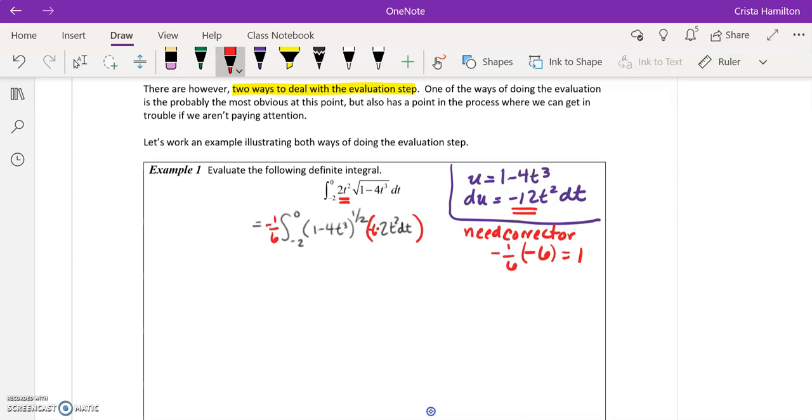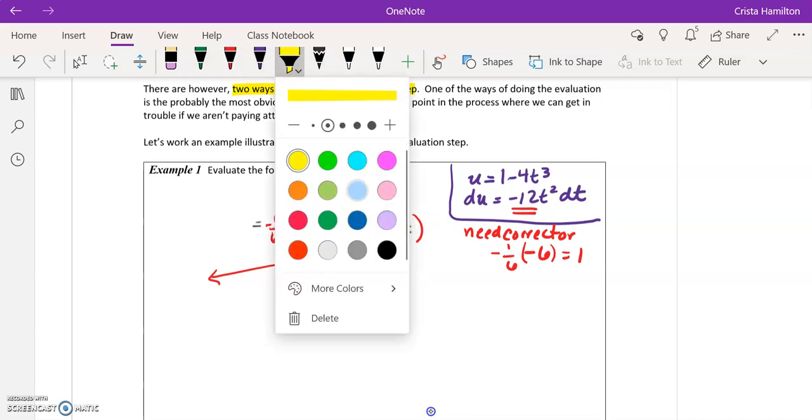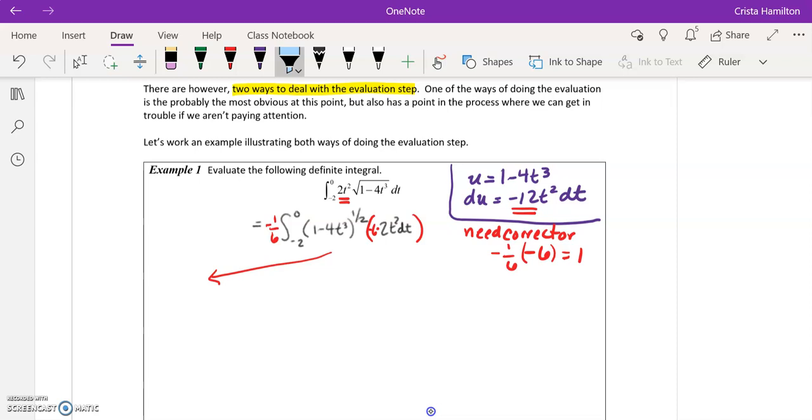Now, what happens in the next step is where we break into two options. One option, once I get it written like this, is to recognize that we already know what our derivative is, because the stuff on the outside, which I'm going to highlight, is part of the derivative of the inside function.